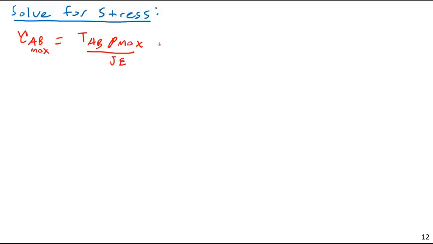And the polar moment of inertia is going to be fairly straightforward. I'm going to write the same kind of formula for BC: tau BC max is equal to TBC times rho max over JE, the elastic polar moment of inertia.